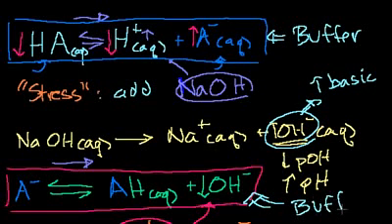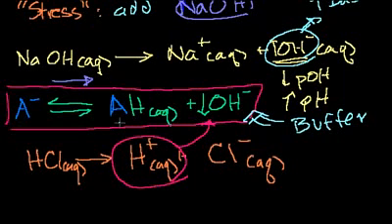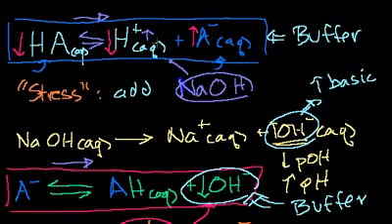If you add a strong base to water, you immediately increase its pH, or you decrease its acidity dramatically. But if you add a strong base to a buffer, because of Le Chatelier's principle, essentially, you're not going to affect the pH as much. Same thing, if you add an acid to that same buffer, it's not going to affect the pH as much as you would have expected if you had thrown that acid in water, because the equilibrium reaction can always kind of refill the amount of OH that you lost if you're adding acid, or it can refill the amount of hydrogen you lost if you're adding a base.